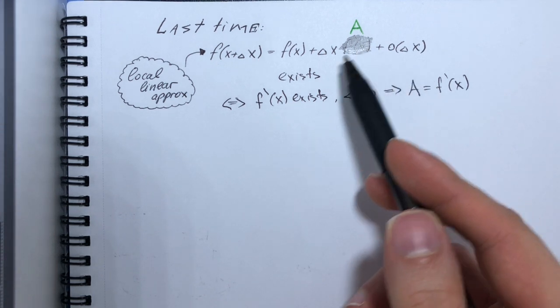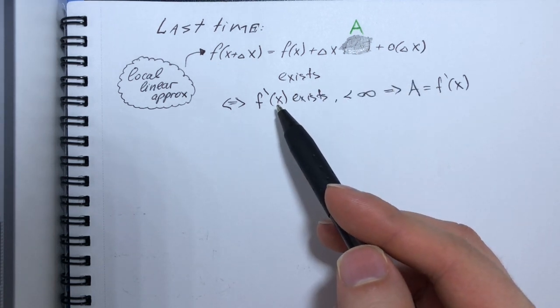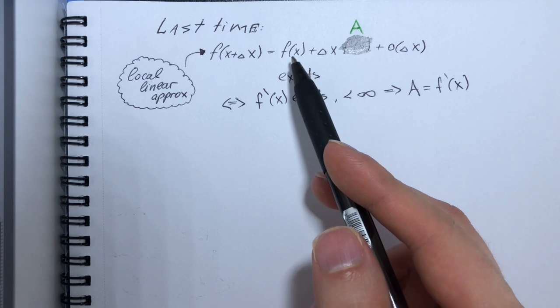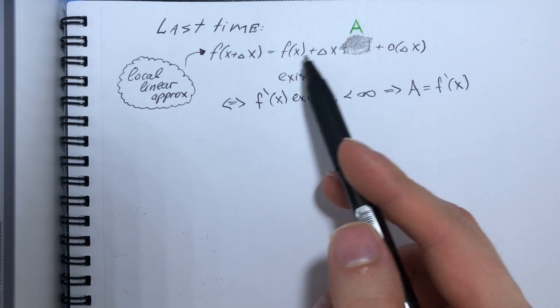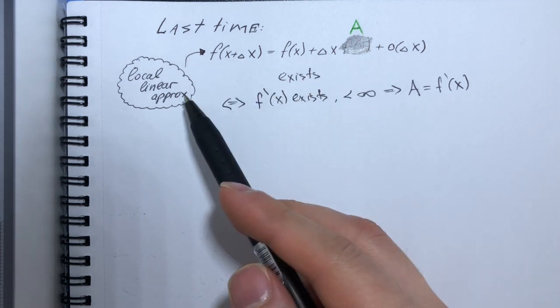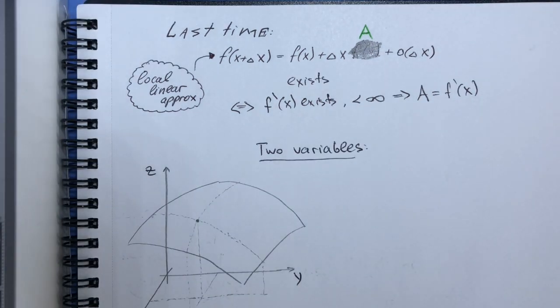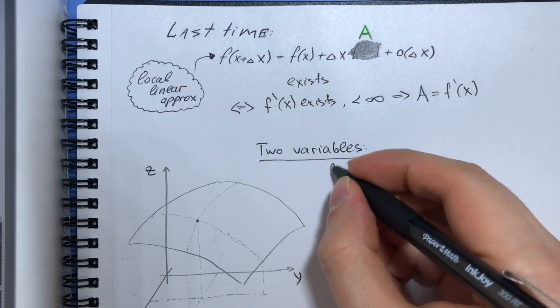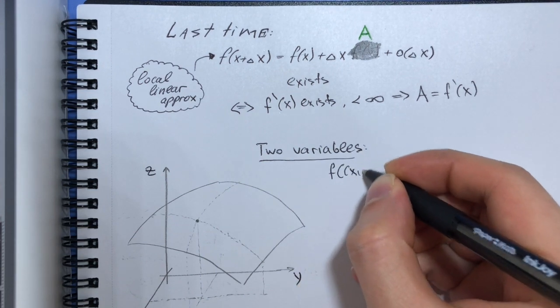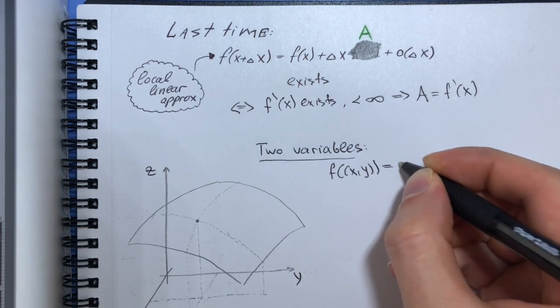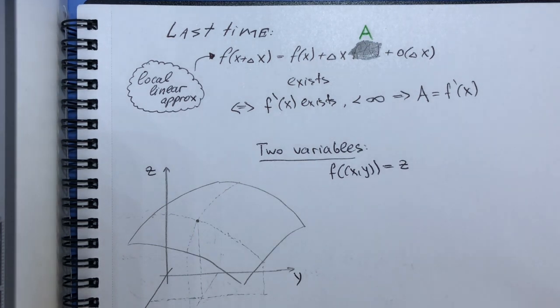In other words, f prime is the slope of a line at f of x that guarantees the closest linear approximation. So what happens in two variables? We have a function that depends on x and y and gives us some point z for every pair of x and y.